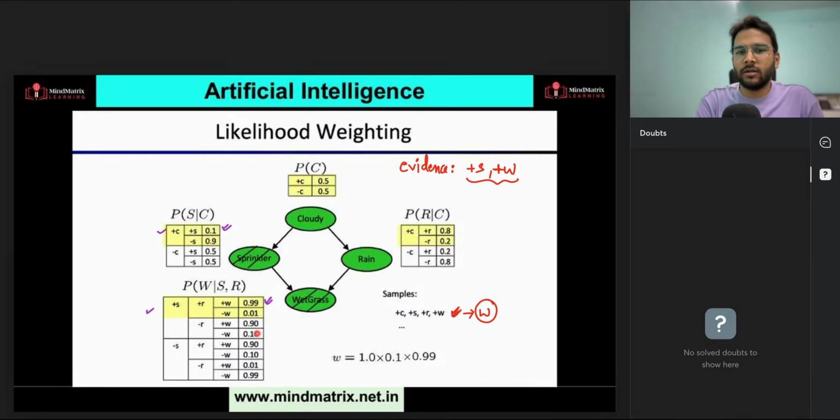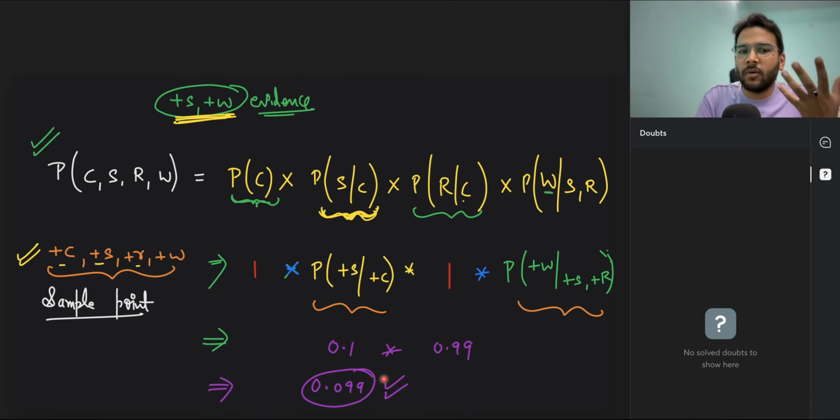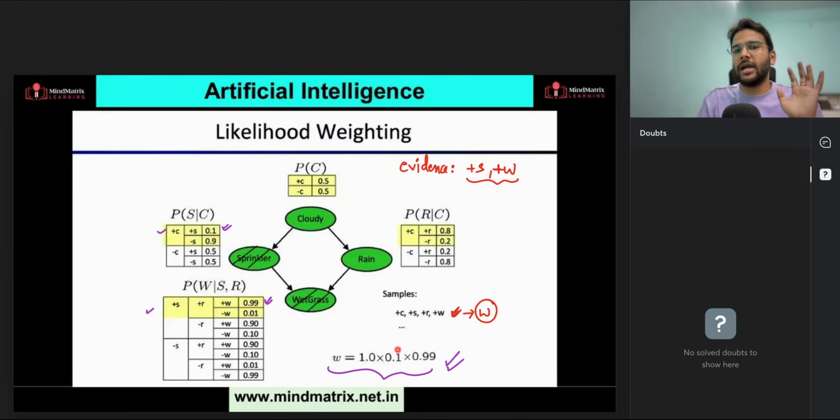Is this point clear? This is what they have calculated here as well. So they have written it directly. I explained why we are writing it. Is this clear to all of you? So for this particular sample, this is how we are going to compute. Now, let me give you one question and you have to answer. You have to find the weight for that.